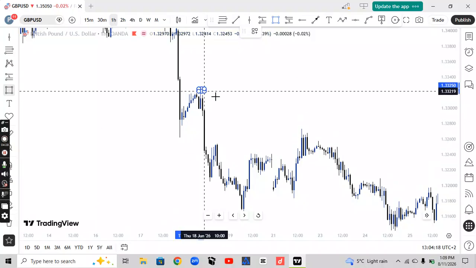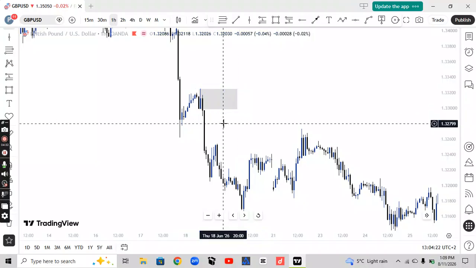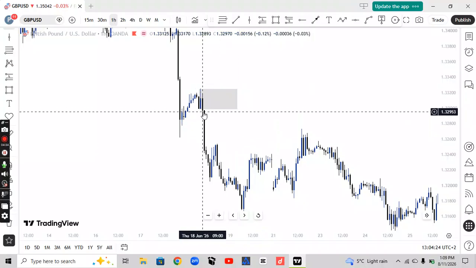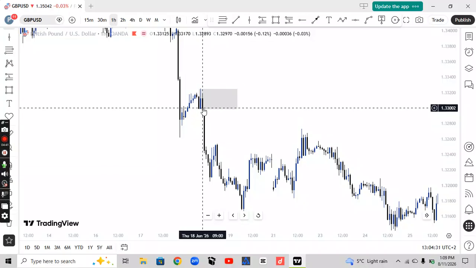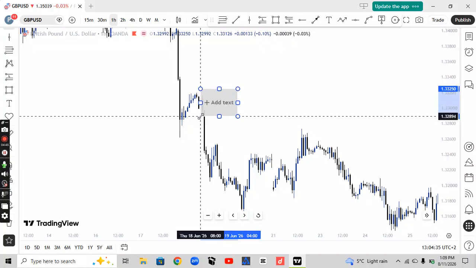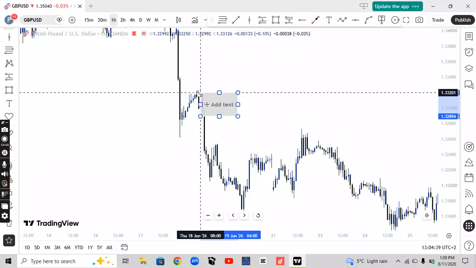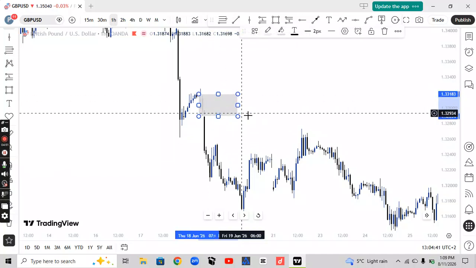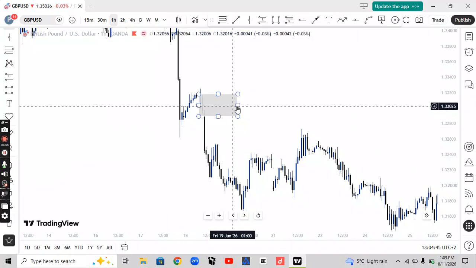Now for this last sell to buy, I want to show you something. You see this candle, then we have this candle whose low comes to this level. So instead of using this, we would use this whole candle here, because this candle now will be our order block.